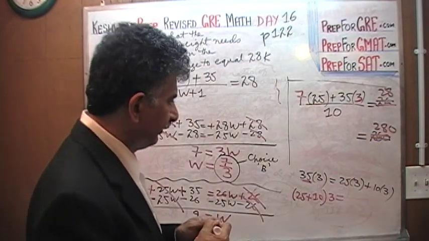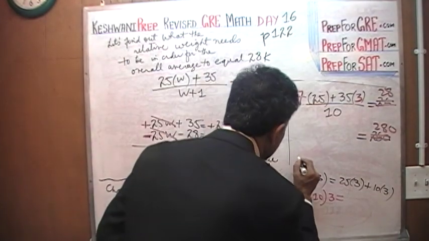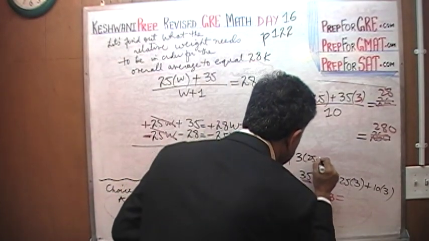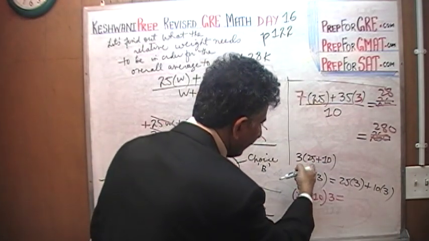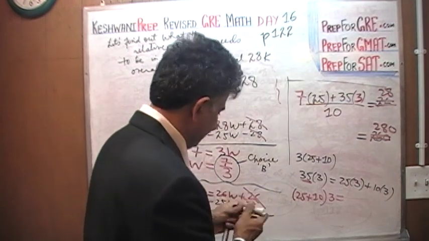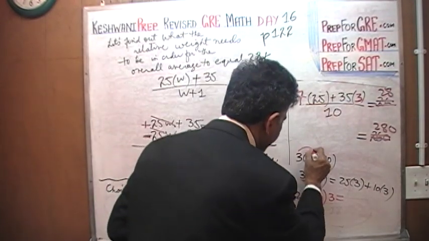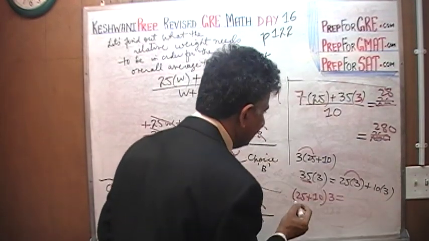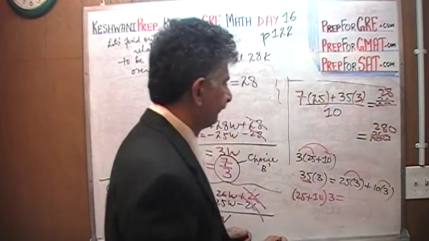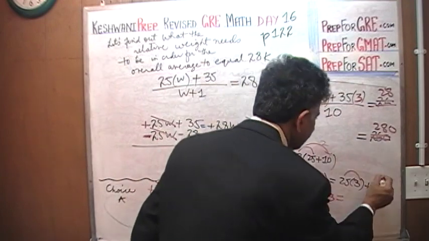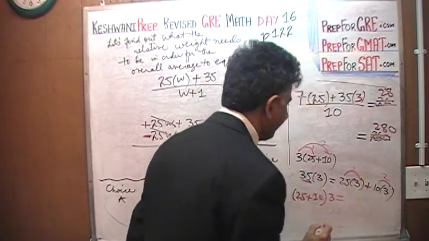Well, see this part here, 3 times 25 plus 10 is the same as 3 times 25, which is this guy right here, and 3 times 10, which is this guy right here. So this is the 2, and this is the 1.